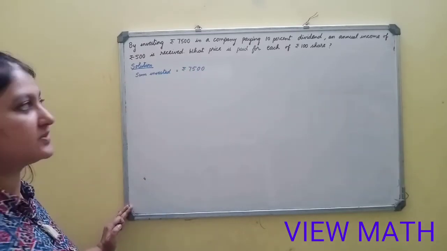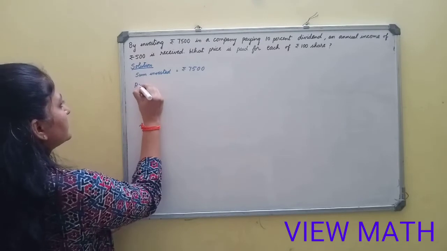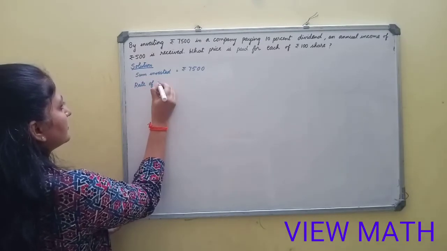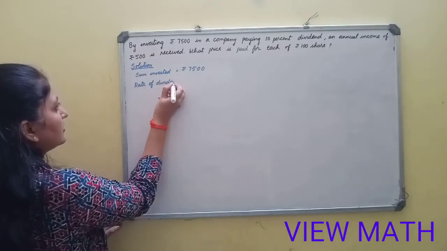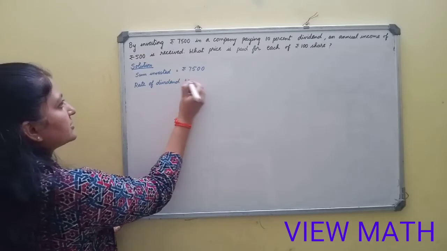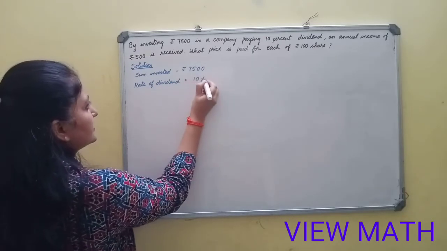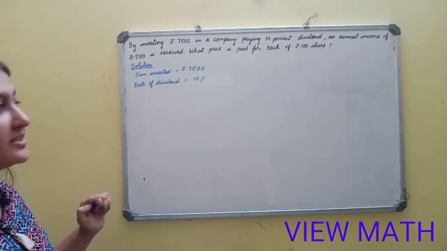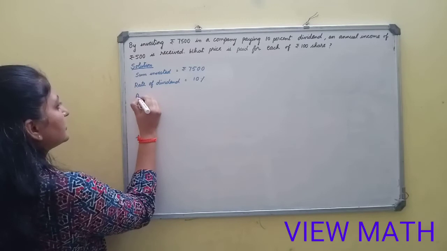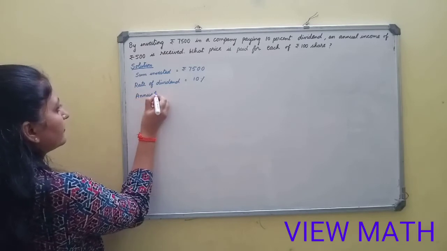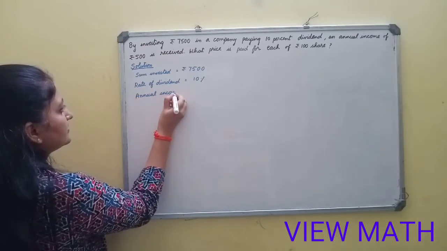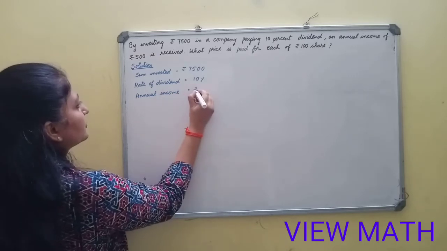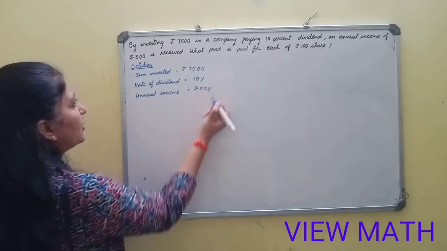Paying 10% dividend, so rate of dividend is equal to 10%. An annual income of rupees 500 is received, so annual income is equal to rupees 500.